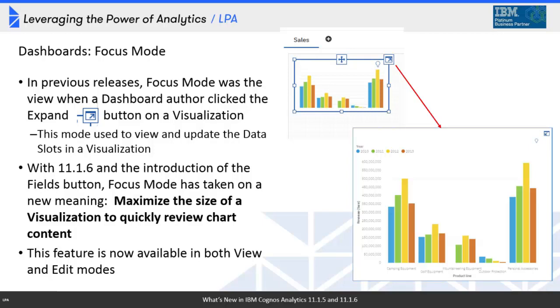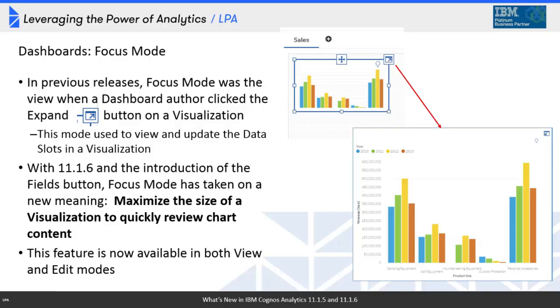Focus Mode is basically a maximized view of a visualization. So if you click, in either View Mode, when you're consuming a dashboard, or Edit Mode while you're modifying or creating a dashboard, on that Expand button now in the top right corner, it will maximize the visualization to fill your screen, giving you easy access to all the details of the visualization.